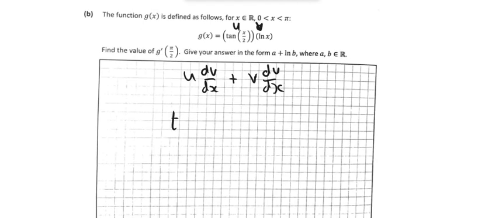So it's just tan x over 2, then the derivative of this, the v here. So derivative of natural log x is 1 over x.